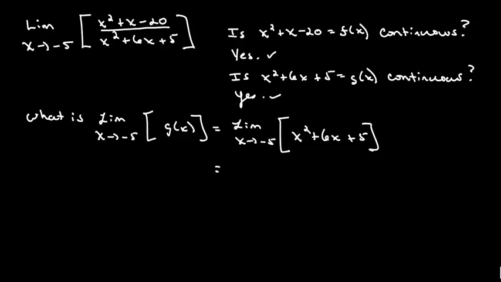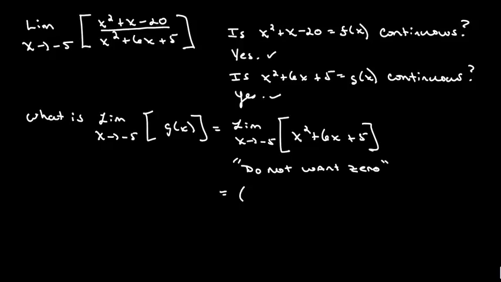So we test this guy out here. And what we want to make sure is that this is not equal to 0. We do not want 0. If we do get 0, then we've got to do the replacement rule.